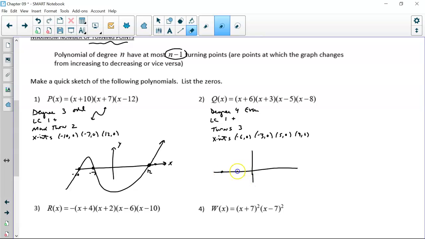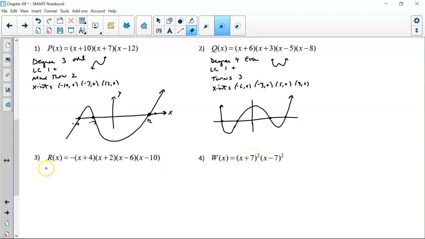Here's my -6, my -3, my +5, and +8. So it's going to have this basic shape where it rises left and rises to the right. So it's going to start here, go down through, back up, through, down through, and then up through. There's a quick sketch of our graph.